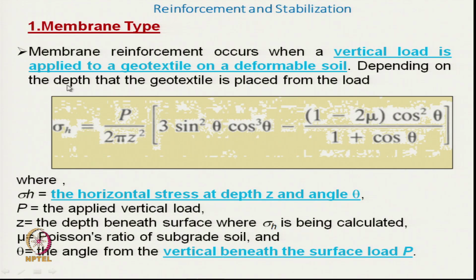Depending on the depth of the geotextile placed, there will be horizontal stress, as I have discussed.